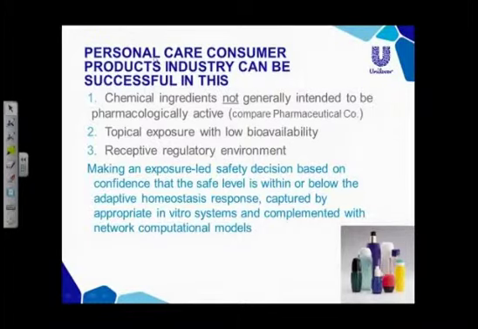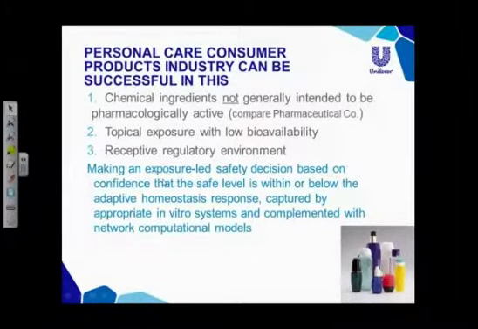But the personal care consumer products industry, we can probably use this way of thinking for our needs, because we're generally using things or producing things which have topical exposure. It's not always the case, but often they can be very low skin penetration, low bioavailability. And they can generally, but not always, they're intended not to have any pharmacological activity as such.